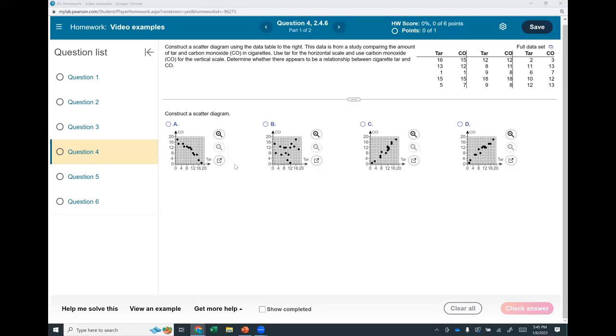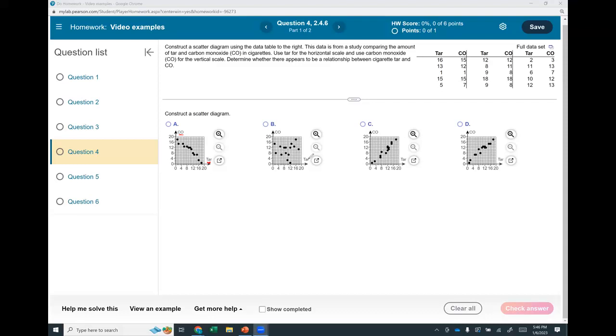We can see here that we're plotting tar versus carbon monoxide, okay? Sorry about that.